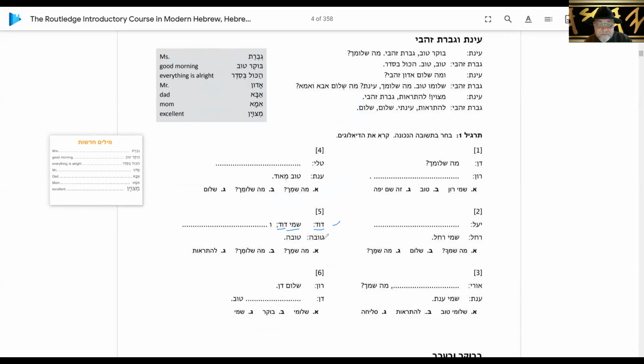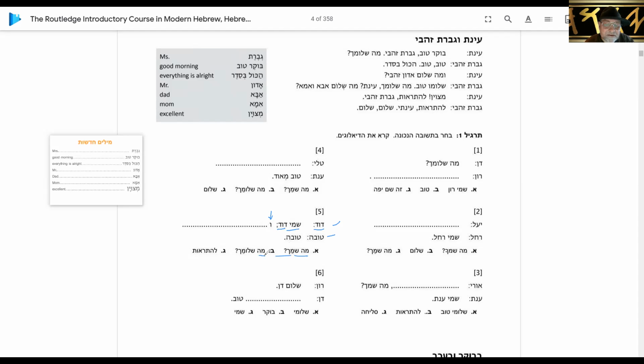We've got David, and then we have, looks like Tova. Okay, so my name is David. And then he says, and, va, like the connecting and. So let's see, what would fit in there if we know that the answer is a person named Tova, and they're saying Tova directly because they're being asked something about their name, which is, what is your name? So ma shemech, okay, I'm thinking that could be it.